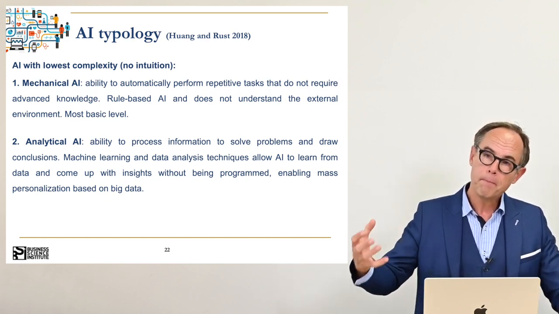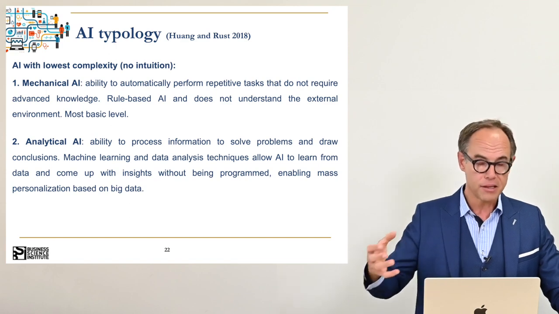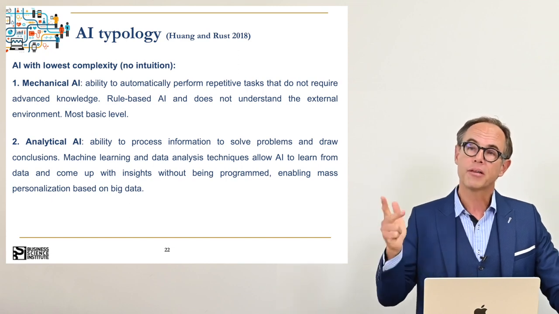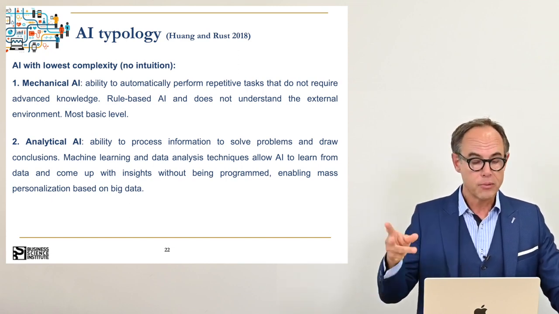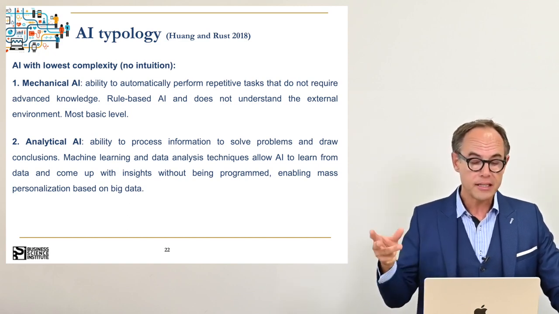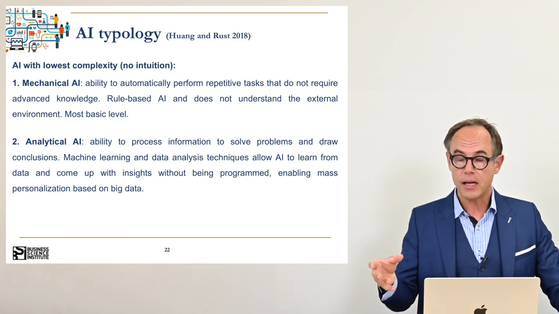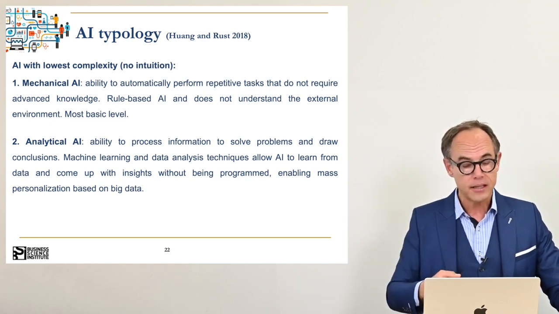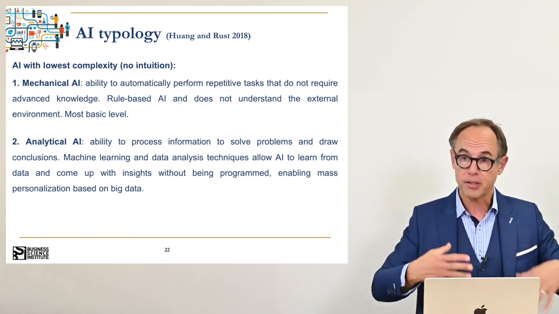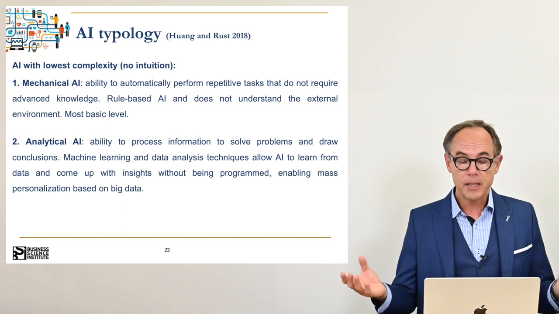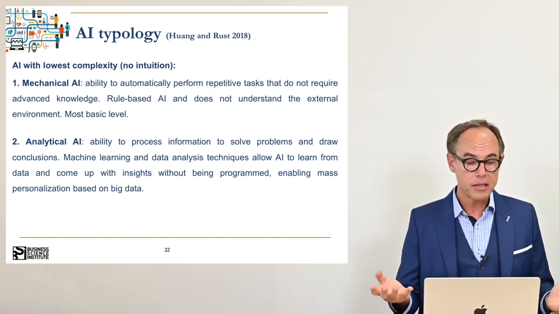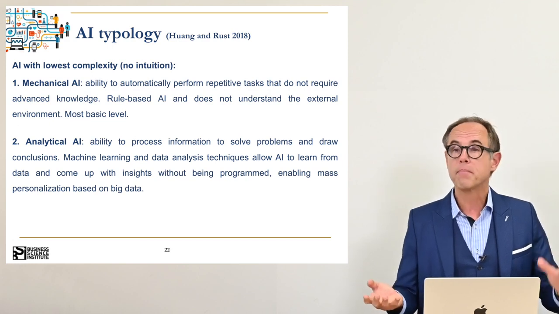So big data analytics will analyze the information coming from big data, for example, text, photos, videos, or transactional behavioral data, which is then used by and analyzed with machine learning or deep learning or other data analysis techniques to allow the AI to learn from the data and to come up with learning insights without being programmed by humans, because it's a learning process, enabling then to take decisions and to make, in terms of marketing, personalized recommendations, which is based on this data.